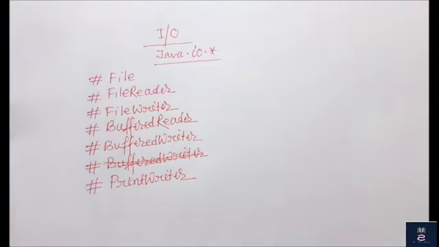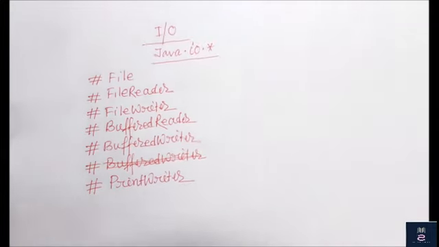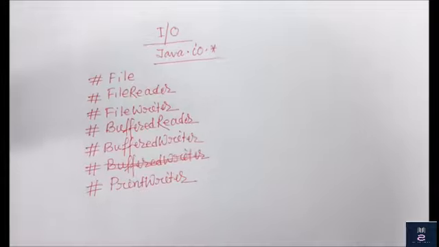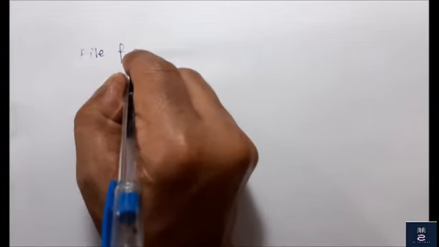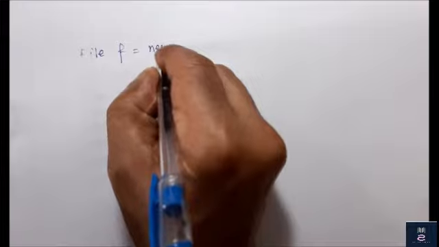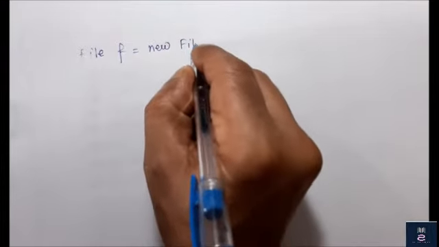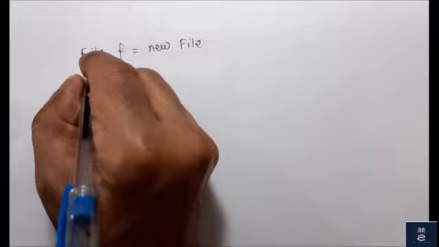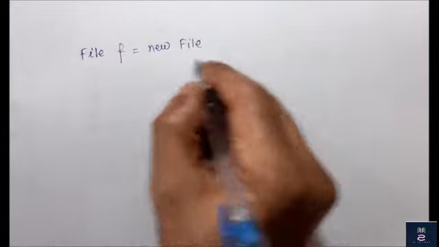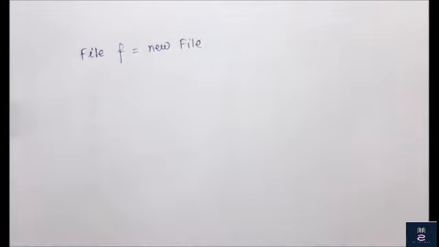First, let me take an example so that you can get clarity on this discussion. I am writing a constructor of the File class: File f = new File(...). File is a class in the java.io package.